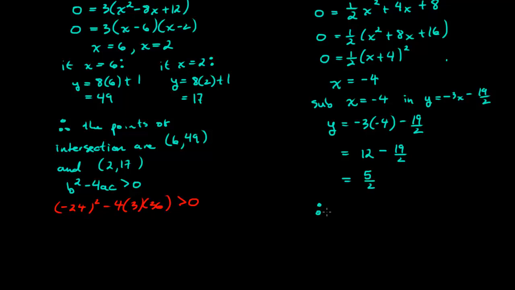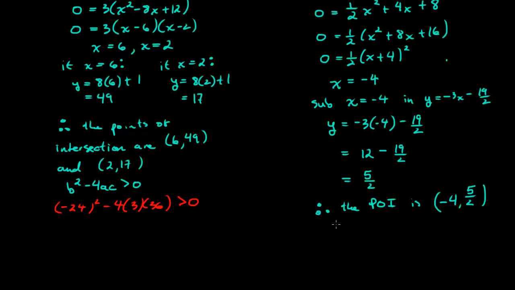So therefore, the POI is negative 4, 5/2. So in this case, the line y is equal to negative 3x minus 19/2 is a tangent line to the parabola because it's resulted in one point of intersection.